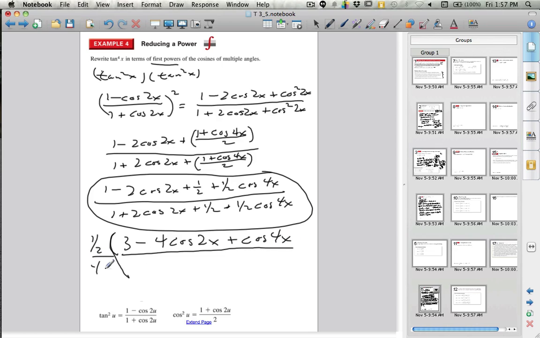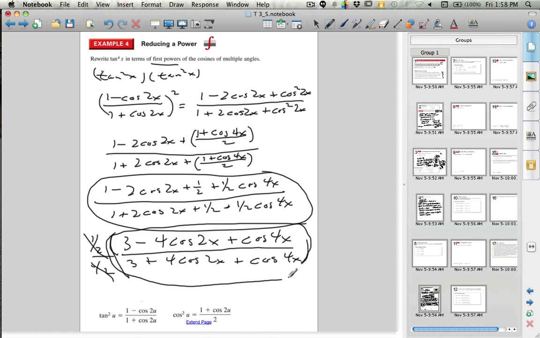And in the denominator, we'd have the 1/2. So we'd have 3 plus 4 cosine 2x plus cosine 4x. And then the 1/2s will cancel. Okay, so this is the final and most simplified form.